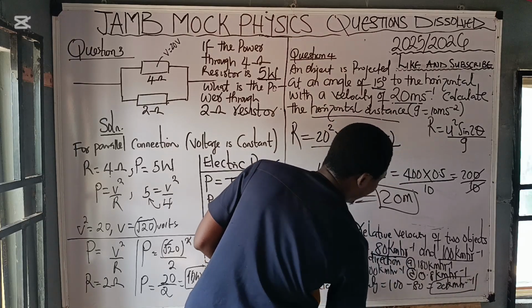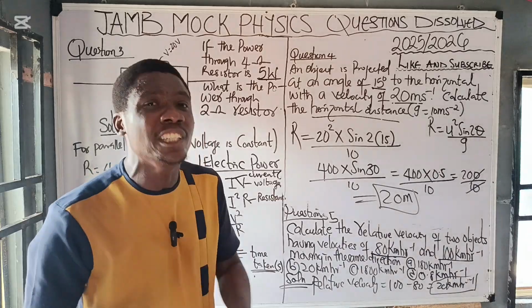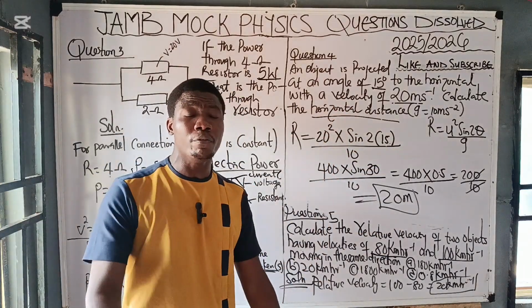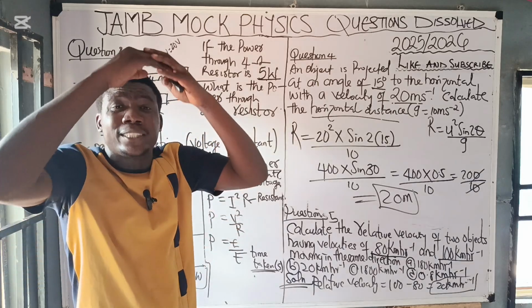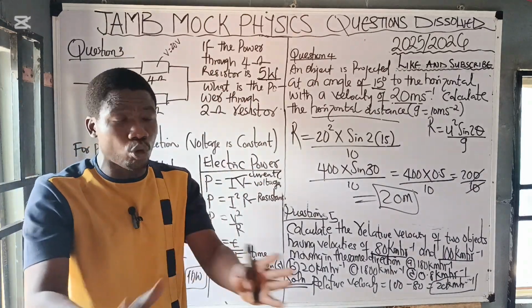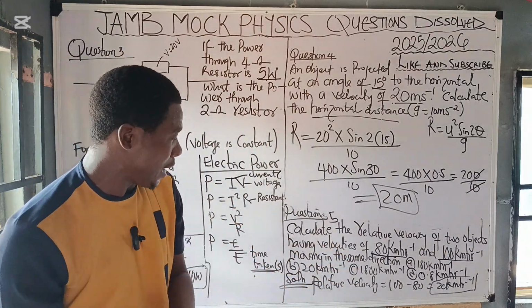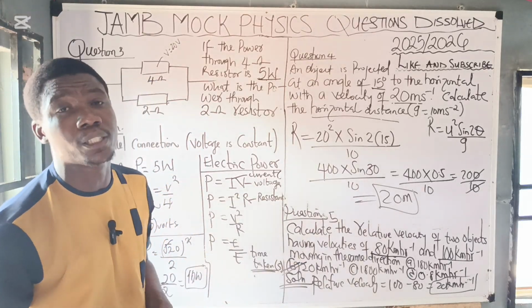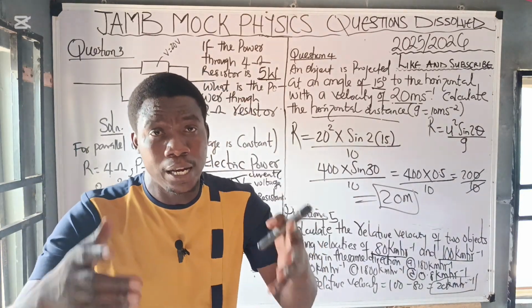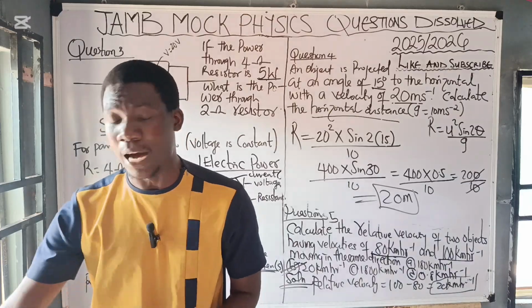Why did I subtract it? Because they move in the same direction. If they move in opposite direction, I will add it together. It is just the direct opposite of combining two or more vectors. Take note of that. So the answer to this question is B, 20 km per hour. Let's take more questions for today's class.